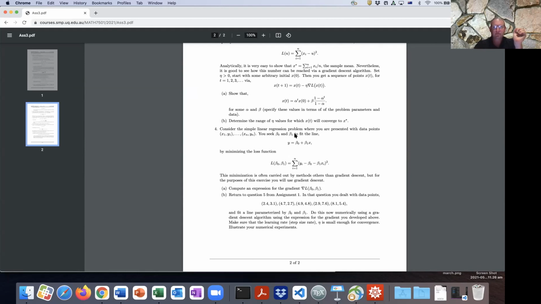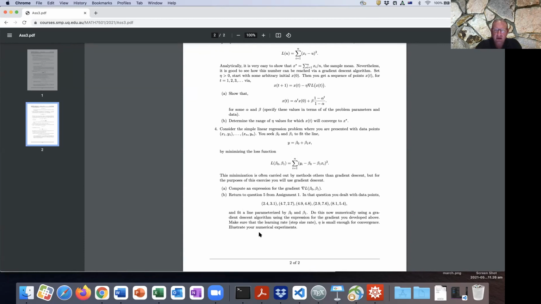Determine the range of values. Where do you see determine the range of values? Hold on, 4B, first sentence, numerically or analytically? Do this numerically using gradient descent.